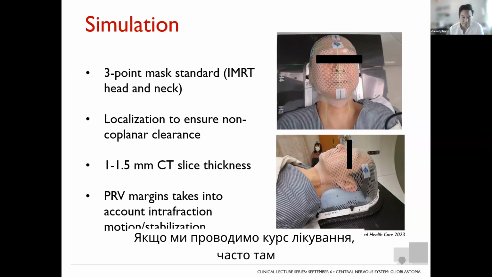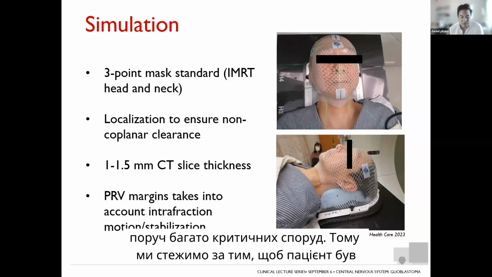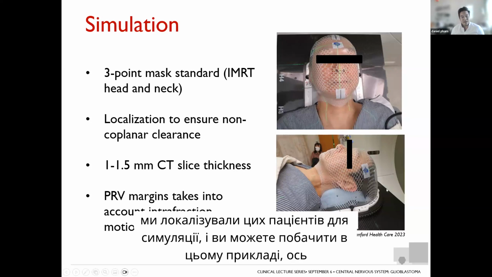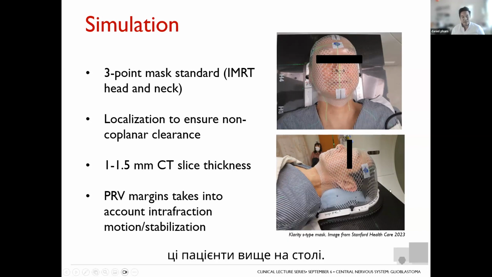A lot of the time there are a lot of critical structures nearby, so we want to make sure that the patient is firm and tight inside the mask. In the last year and a bit, we've also changed the way that we localize these patients for SIM. You can see in this example that this patient's higher up on the couch. This is the CT couch here.